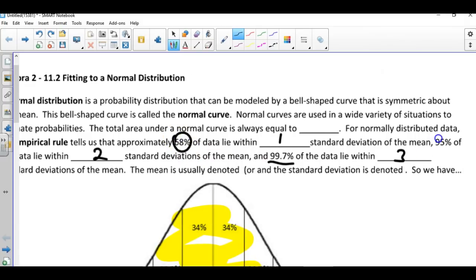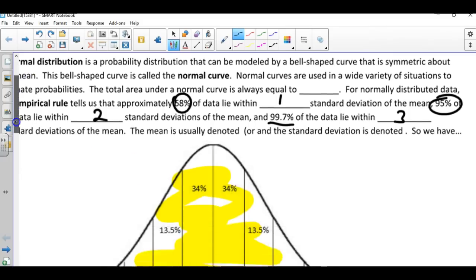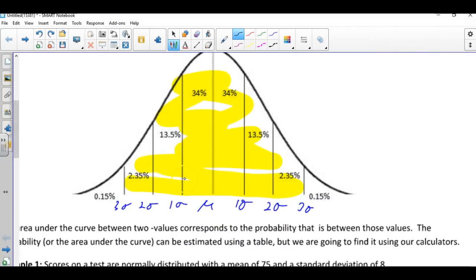Don't forget that. 2 standard deviations is 95%. 3 standard deviations is 99.7%. Each line represents a deviation, 1, 2, 3, 1, 2, 3. If you know that you're within 3 standard deviations, you can just add all those up.